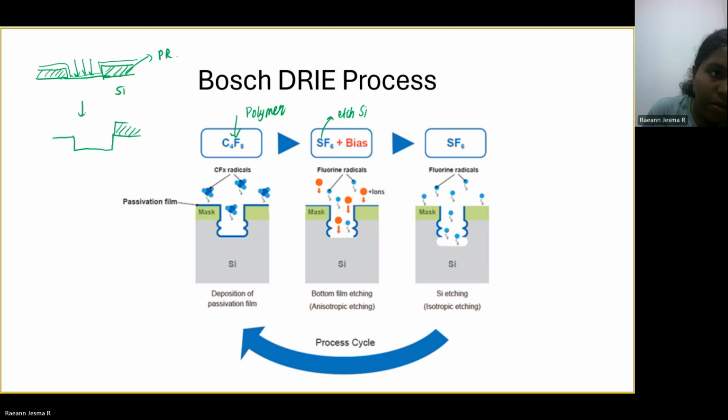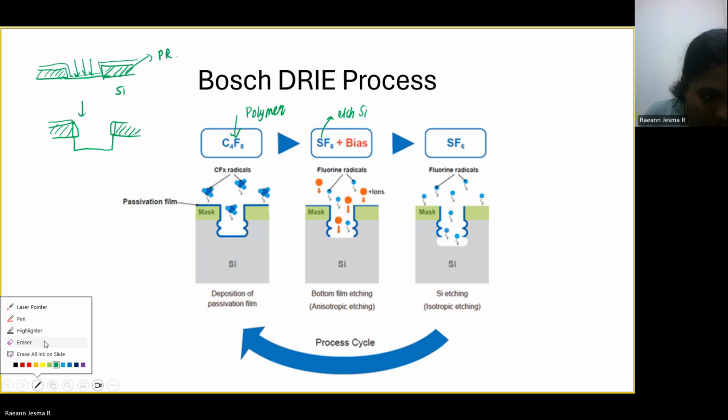So here your side wall is getting protected. In the next cycle, what will happen is we will go for deposition of polymer again.